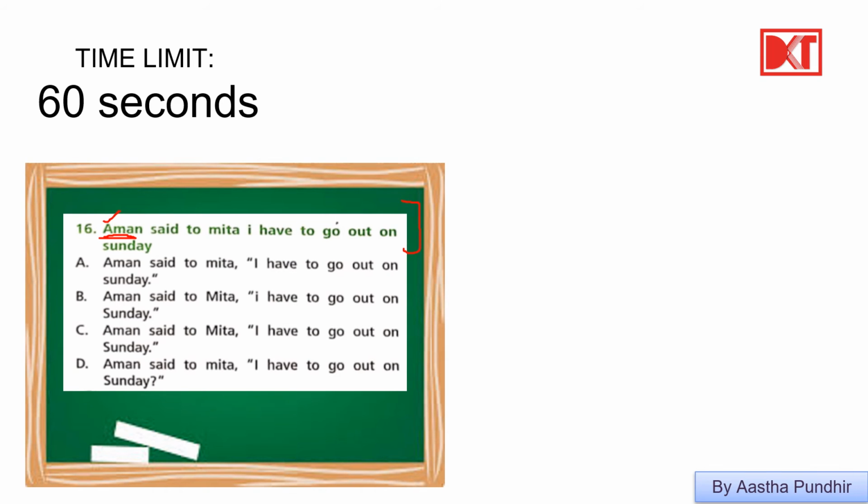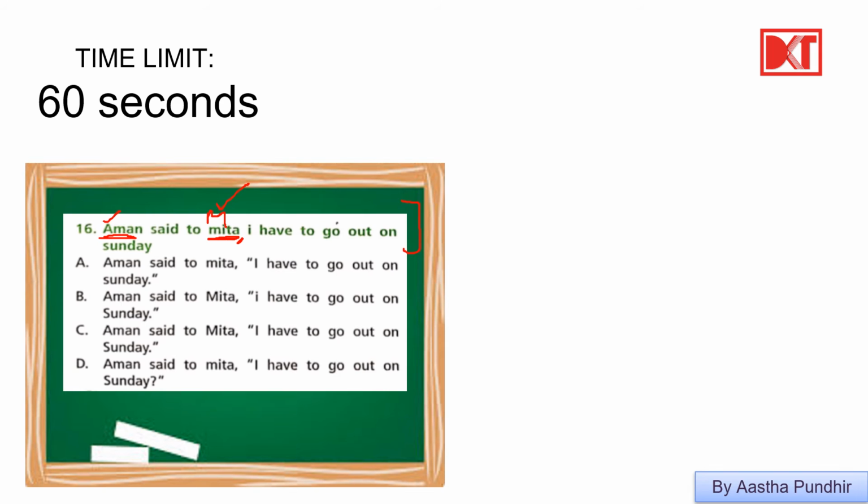Then Aman said to Meeta. Now Meeta is another name here, where we are supposed to have M as capital, right? And when we learned about comma, we learned that when we talk about the exact words or quotations, then first we use a comma after we tell that this person said.